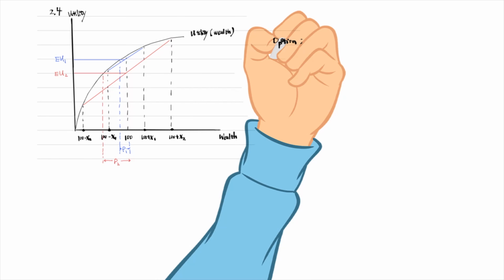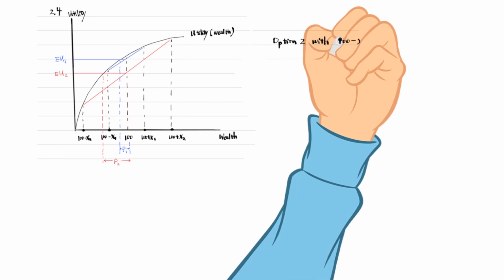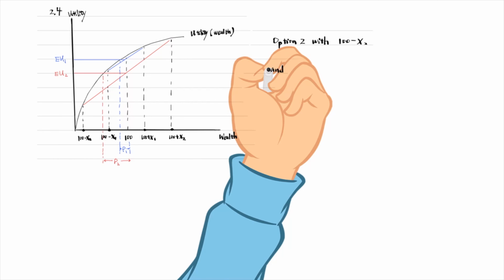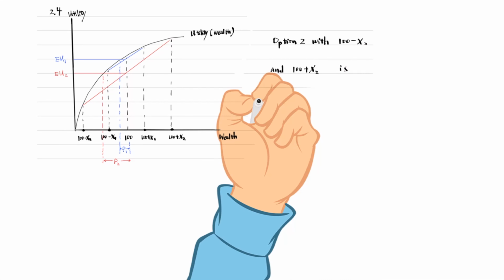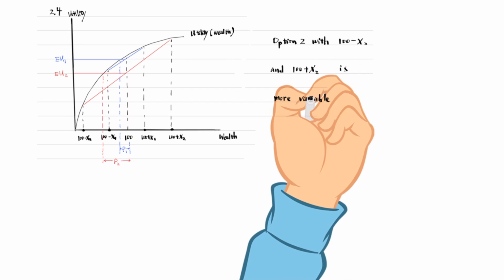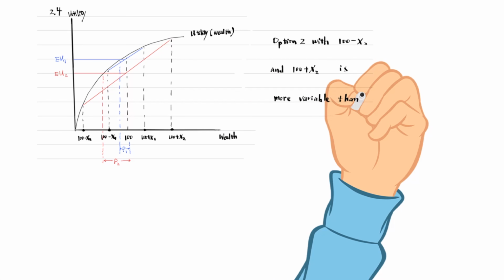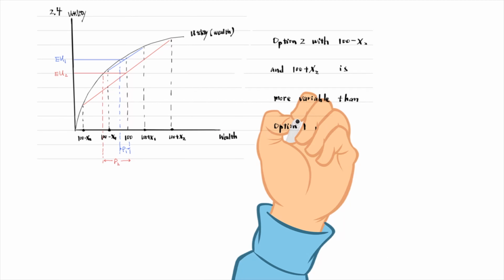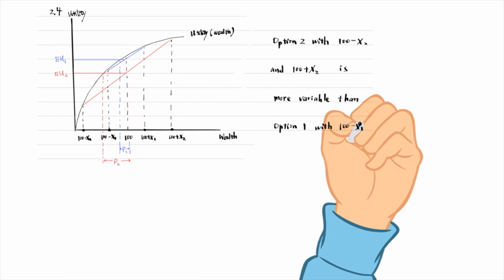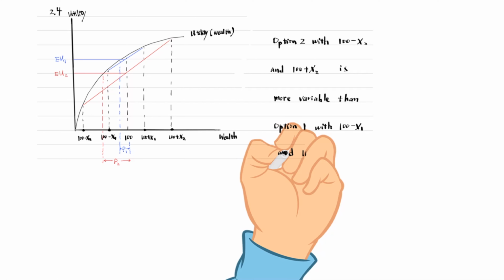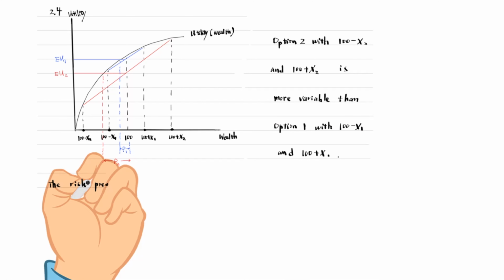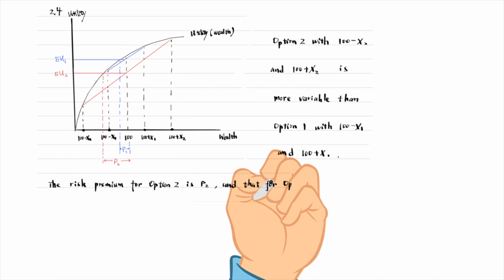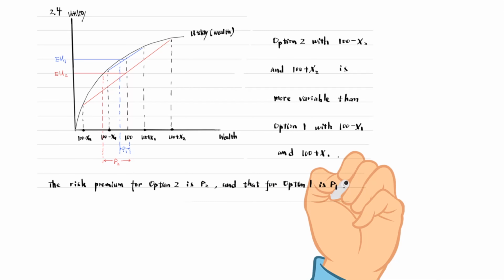We consider two risky options. Option 2 with 100 minus x2 and 100 plus x2 is more variable than option 1 with 100 minus x1 and 100 plus x1. The graph shows that the risk premium for option 2 is P2 and the risk premium for option 1 is P1.